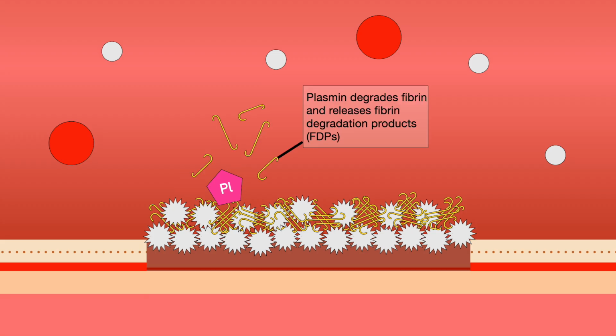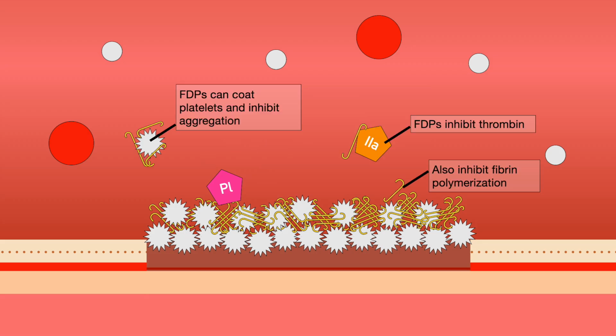Plasmin degrades that fibrin and releases products called fibrin degradation products. These products inhibit further coagulation in several ways. They can coat activated platelets to inhibit their aggregation, they can inhibit thrombin directly, and they can inhibit polymerization or the cross-linking process of fibrin.